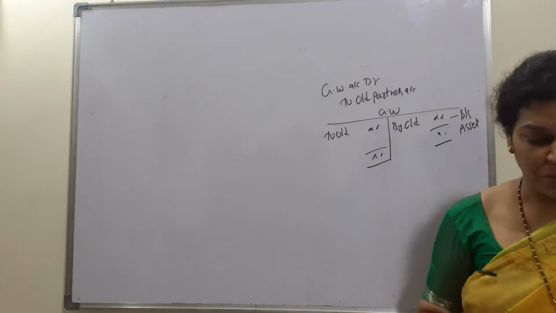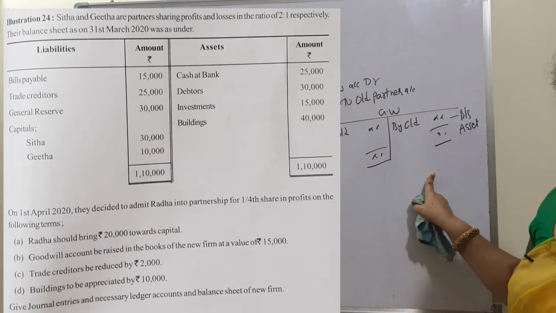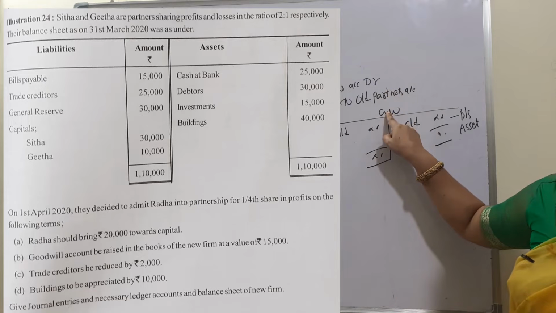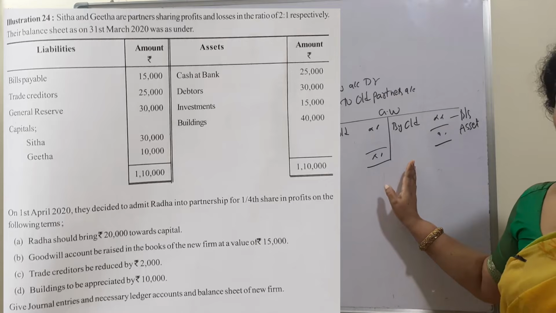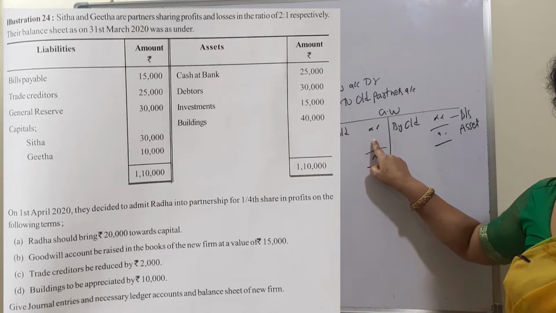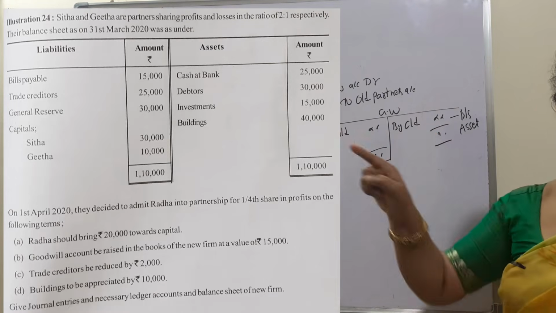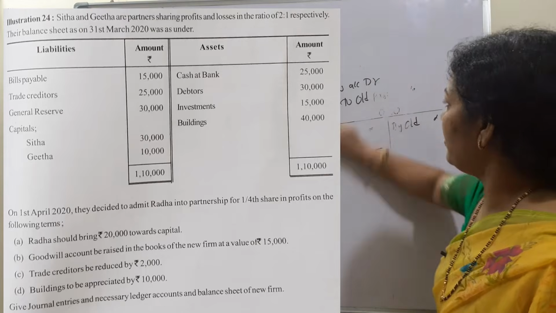Created means goodwill account debited to old partners' accounts, only one entry. After that we open the goodwill account, write it on the debit side, and the carried amount goes to the balance sheet asset side. Now we'll see the problem.